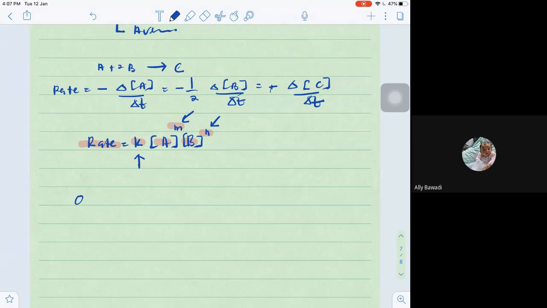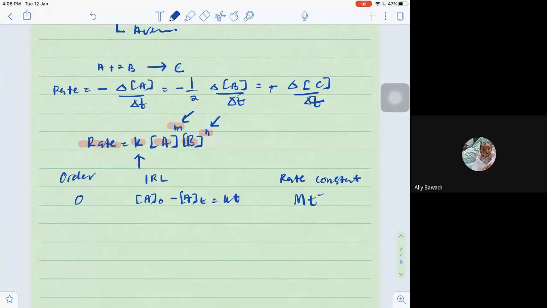It is A naught minus A T equal to K T. And then the rate constant unit for the zero order reaction will be the same as the rate unit, which is concentration per time.